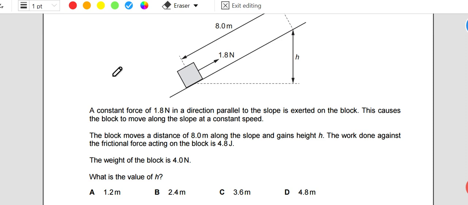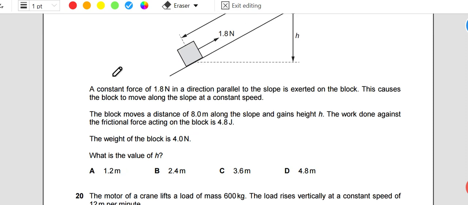So as we have the conservation of energy, we have here work done against friction, the 4.8 joule, plus the work, or let me write it like that.